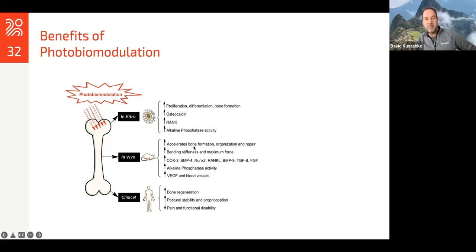Now, these are in vitro, in vivo, and clinical studies. So it's showing the improvement of anti-inflammatory mediators, improvement of functional mobility, improvement of blood supply, blood growth, angiogenesis, proprioception, reduction of pain. So all of these benefits have been shown.